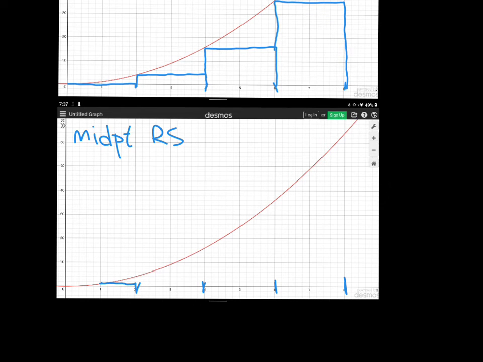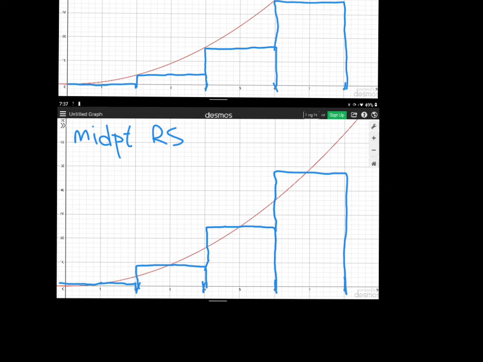Right, so there's our first one. Second one, right, we're using the height of our rectangle is now the midpoint of our interval. Okay, and this is what we really started on doing, or started with, rather. Okay, so that's visually what these are.